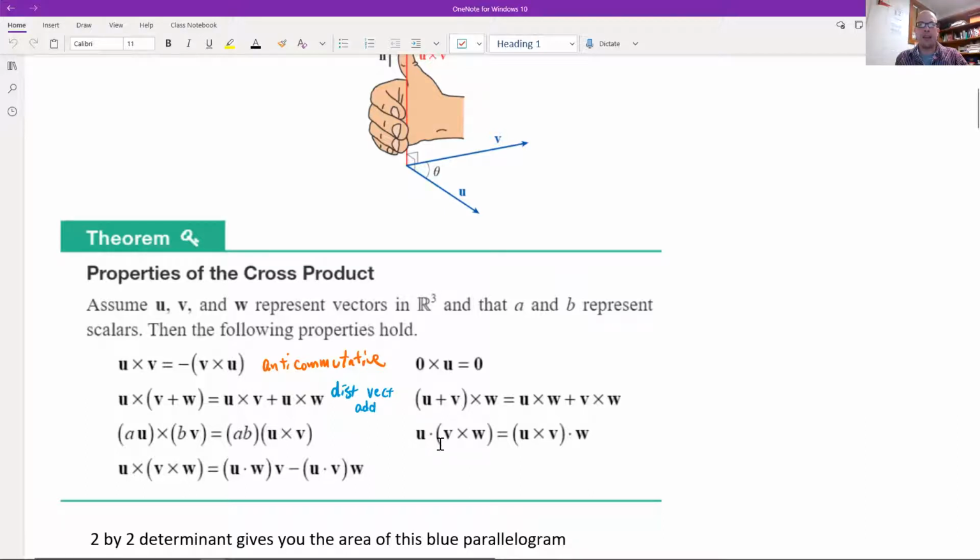And then this one is the associative property of the cross product associated with the dot product. This one's actually that triple scalar product that I was talking about. Triple scalar.